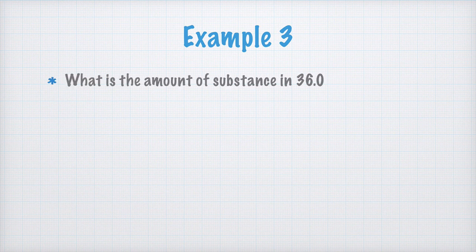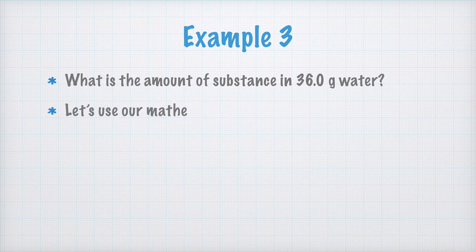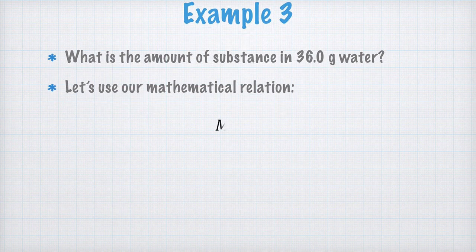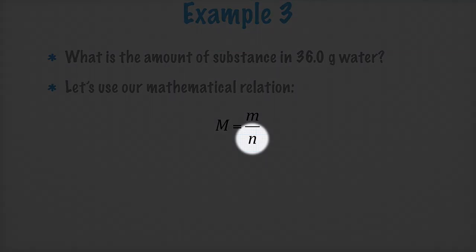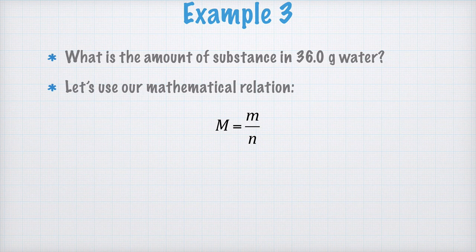Let's finish with a calculation on that. I ask the question, how large is the amount of substance in 36.0 grams of water? In order to calculate that, we take advantage of our little relation M equals m divided by n. We want to calculate the amount of substance n. To do that, we want n by itself on one side of the equal sign.